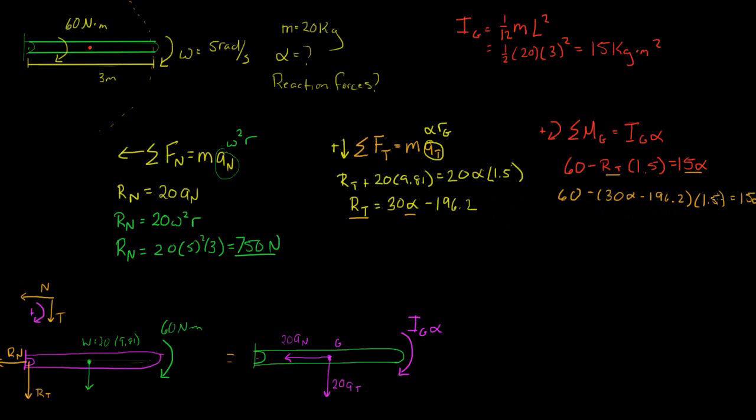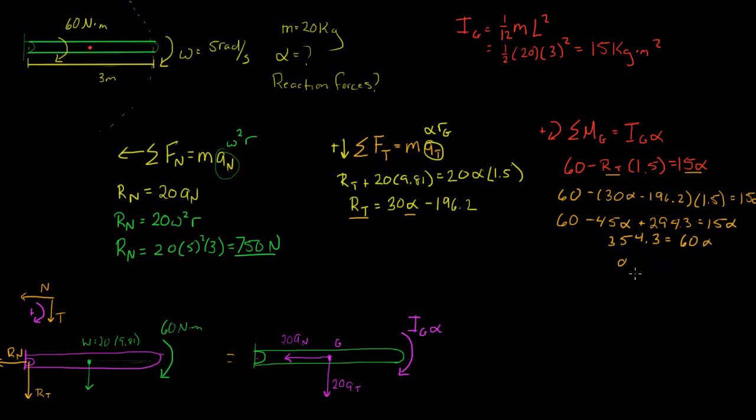And if I clean this up a little bit, I'll get 60 minus 45 alpha plus 294.3 is equal to 15 alpha, and 354.3 is equal to 60 alpha by bringing alpha to the other side.